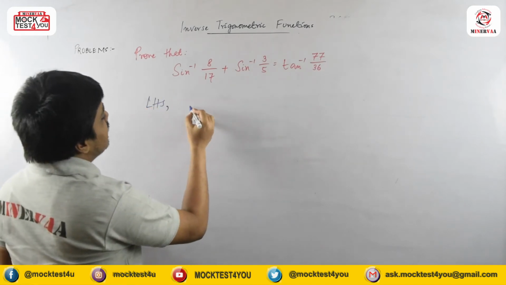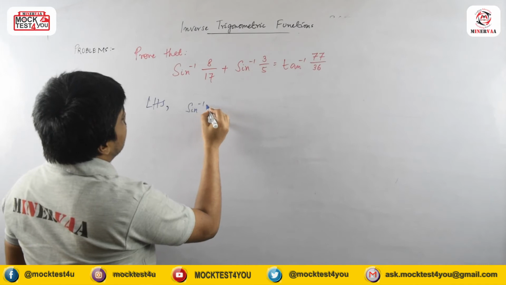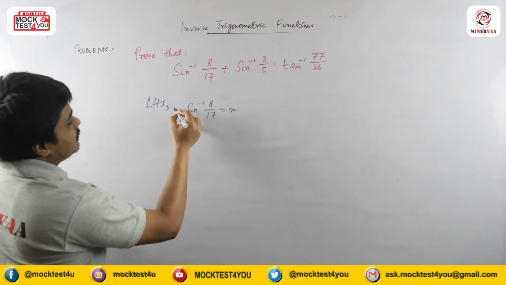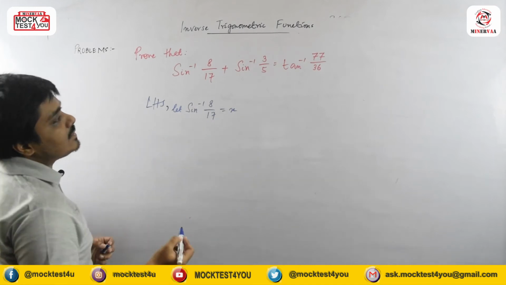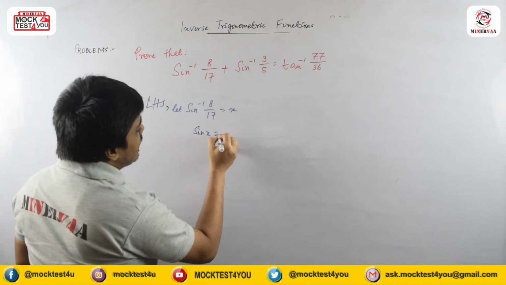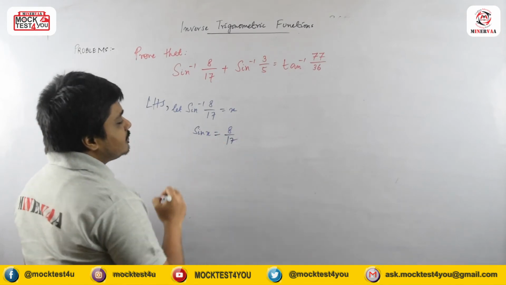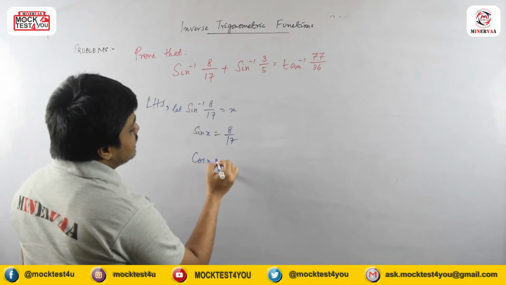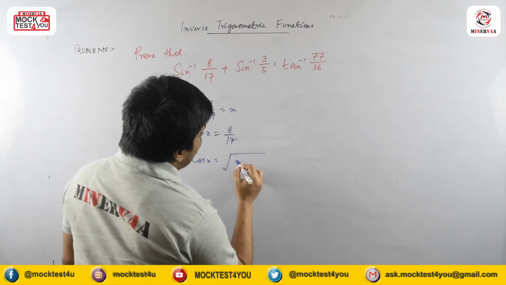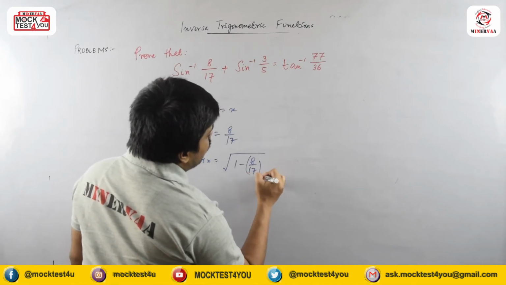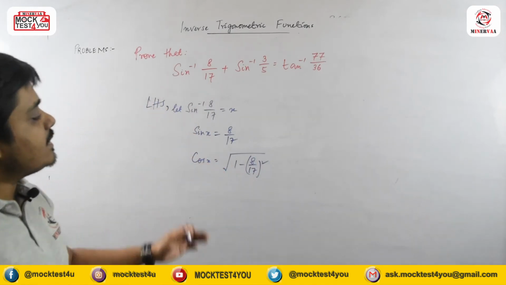So we have sine inverse 8 by 17. I will take that as x. After taking that, we have sine x is equal to 8 by 17. So we need to find cos x. So cos x is nothing but root over 1 minus 8 by 17 whole square, that is, 1 minus sine square x.